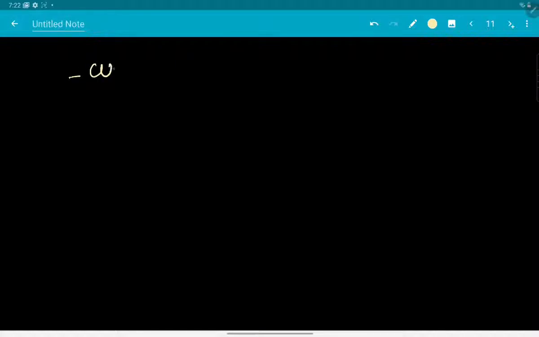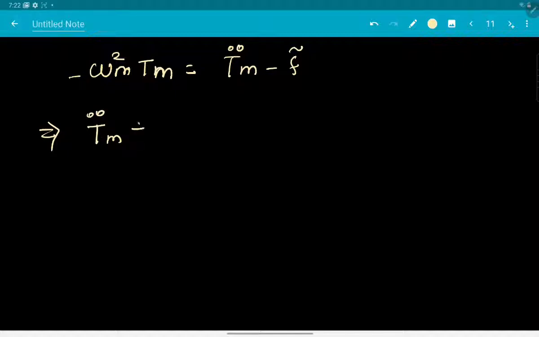Minus omega m square times Tm comes out to be equal to Tm double dot minus f tilde, which I'll be writing as Tm double dot plus omega m square Tm is equal to f tilde.